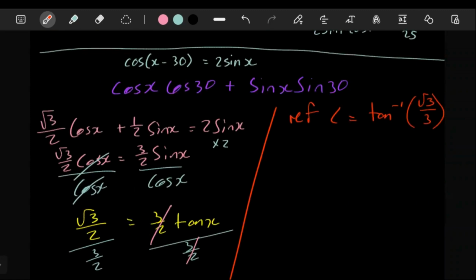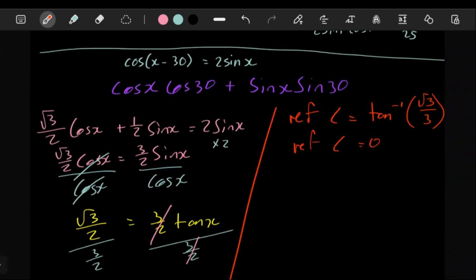How can it be a 30? Shift tan square root of 3 over 3. Let's just see what that is. Oh yeah, 30. This is as awkward as it gets. I think it's because it's the same as 1 over square root of 3. So our reference angle is a 30.